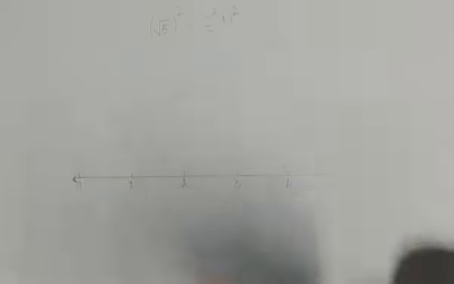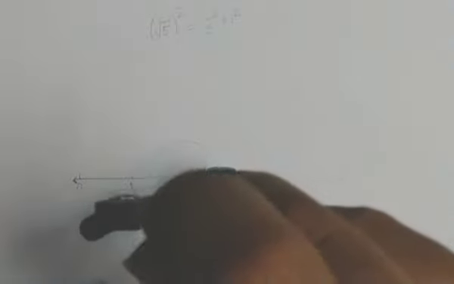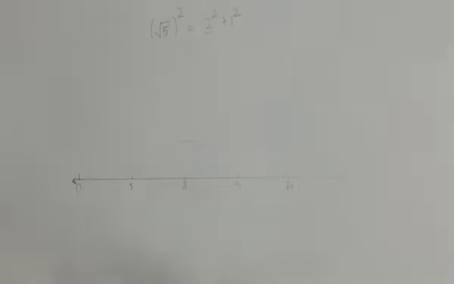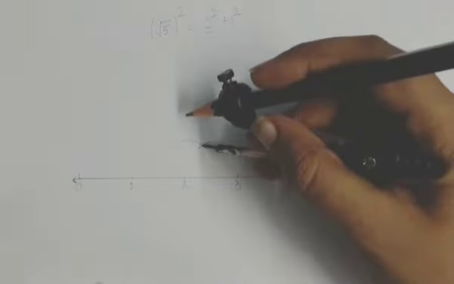To draw perpendicular, open a compass with any radius, then mark an arc on the number line. What do we do next? We mark with the same radius, we mark 60 degree, then this one would be 120 degree, right?